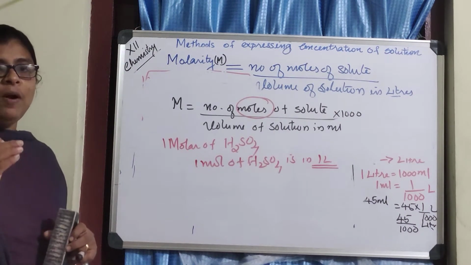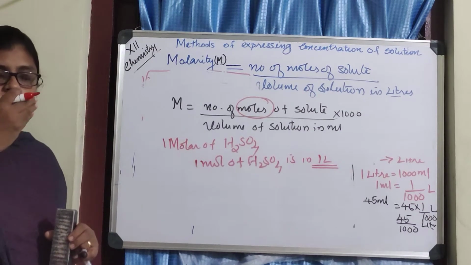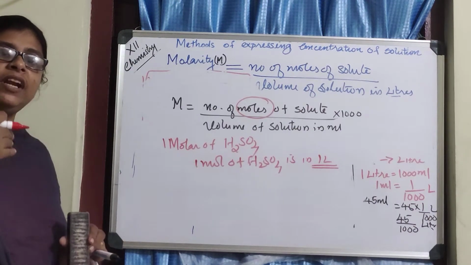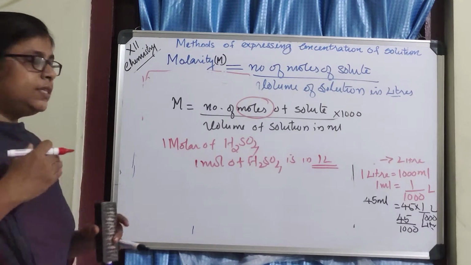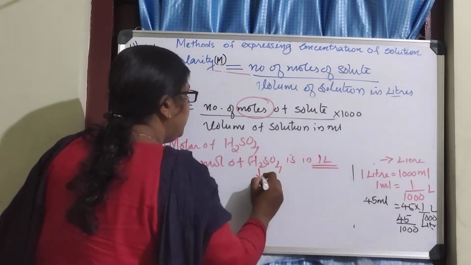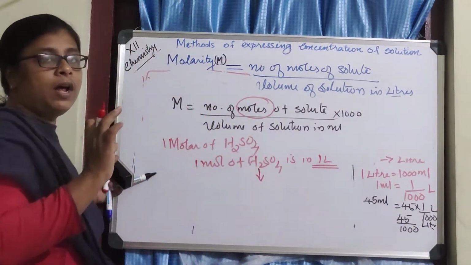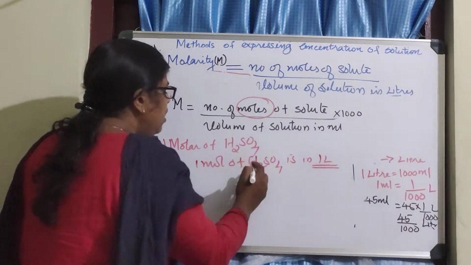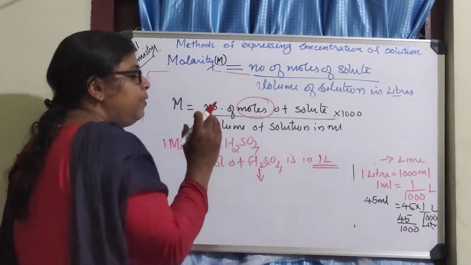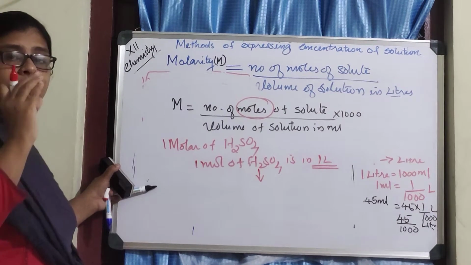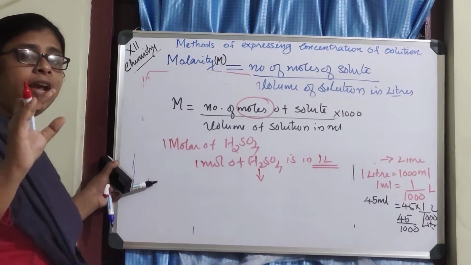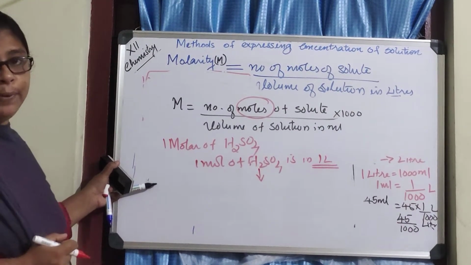And what is the amount of sulfuric acid needed to get 1 mole? 1 mole is equivalent to its gram molecular mass.